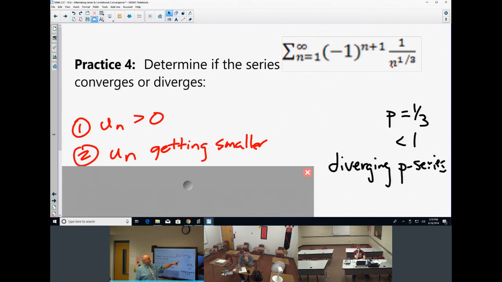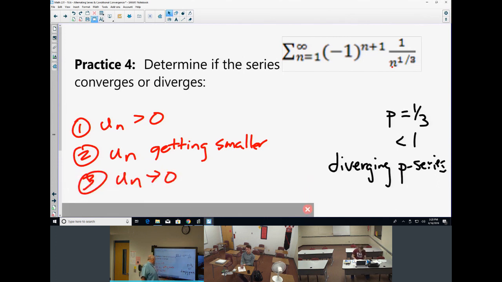Now, are these values, 1 over the cubed root of n, approaching 0? Well, the cubed root of infinity is infinity. And what's 1 over infinity? It goes to 0. So they are going to 0. So what does this mean?